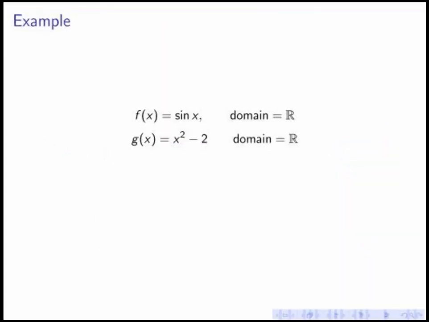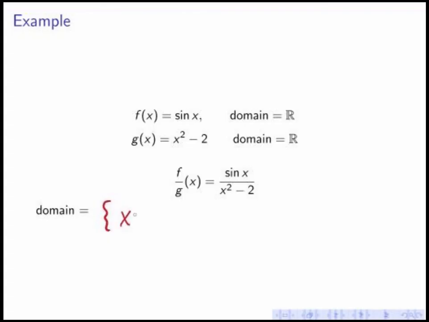Okay, let's look at one example. We have the function f of x is sine x, the domain is all real numbers, and the function g of x is x squared minus 2, and the domain is all real numbers, and I'm interested in the ratio f divided by g. So this is a new function, f divided by g of x, which is sine x divided by x squared minus 2. Now the domain, first you might think it's all real numbers, however, you see the denominator could be 0, and we cannot divide by 0.